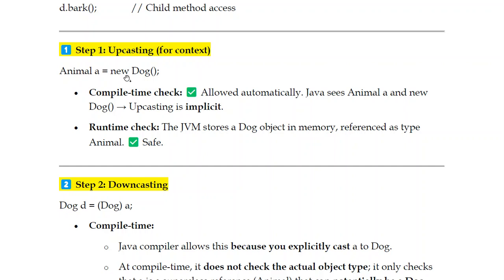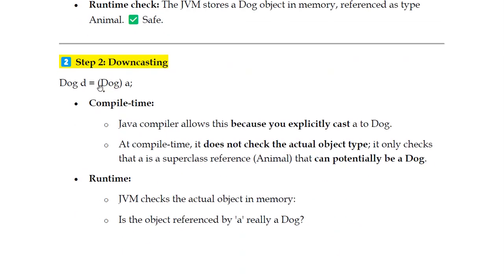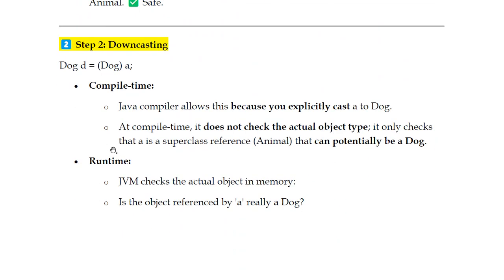Yes, because we already created a new Dog object, it is possible. So the cast succeeds, and d now refers to the Dog object.